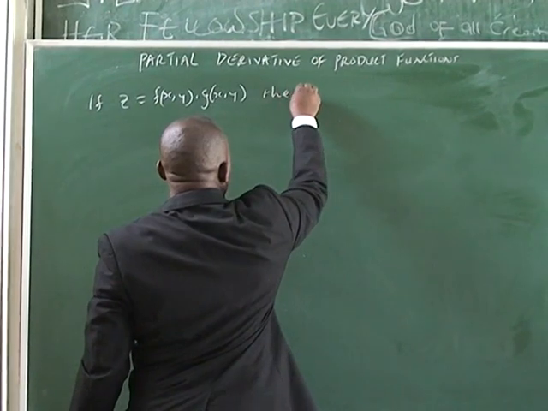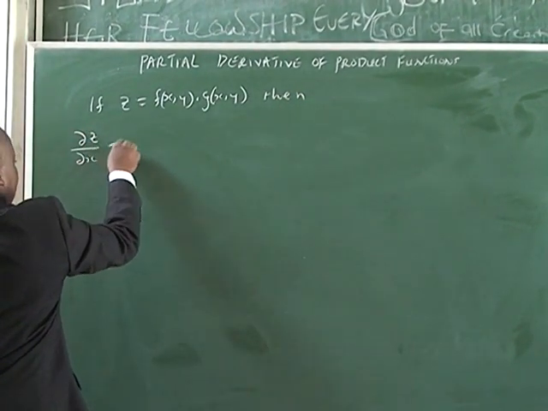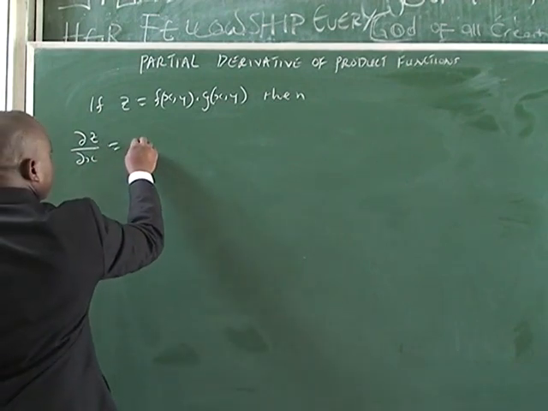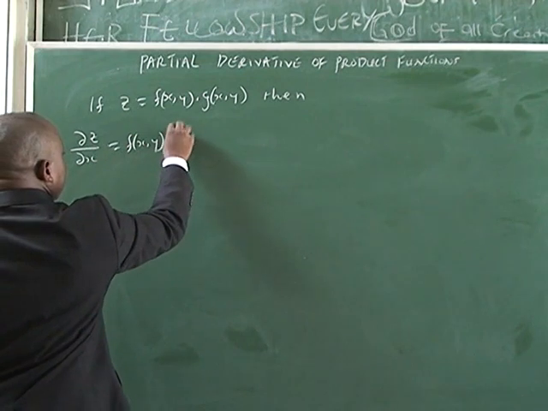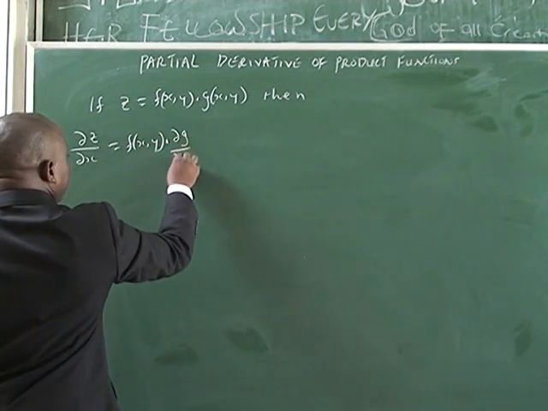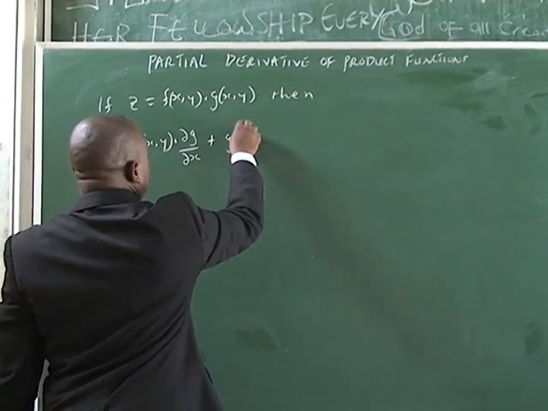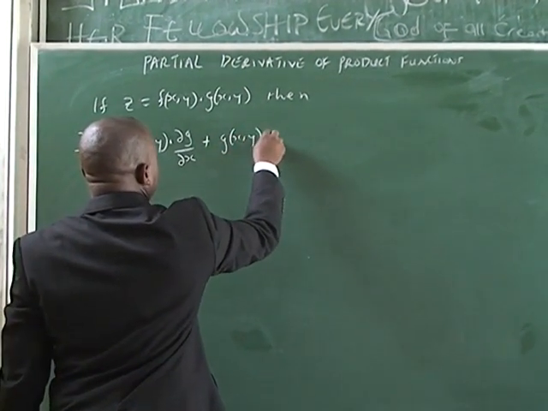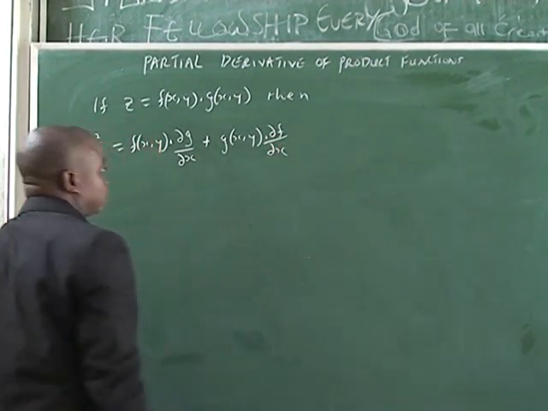Then partial z partial x will be equal f of xy times partial g partial x plus g of xy times partial f partial x.